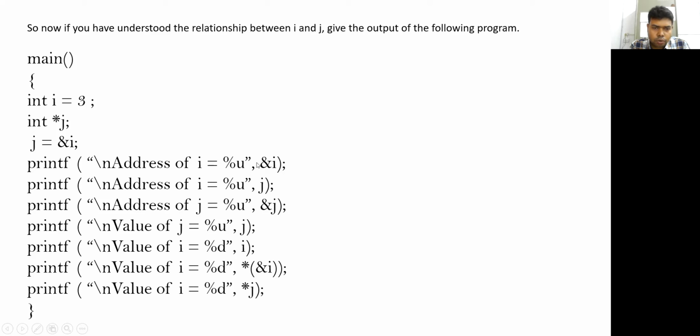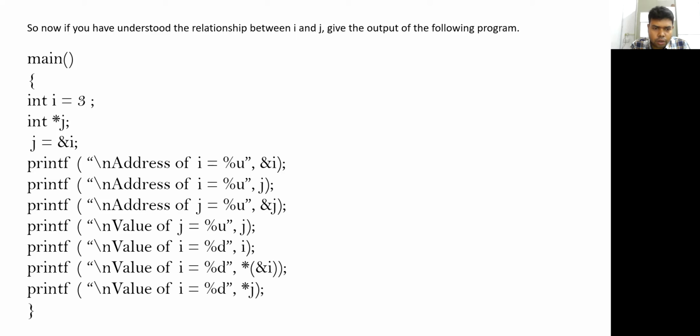What does this mean? It is going to give you the value of the address of i. So if you consider the first example, it was 6485, something like that, so you will get that printed in the first line. In the second line, we are going to print j. j's value is basically that address, that is 6485. In the second line also, you will get 6485.